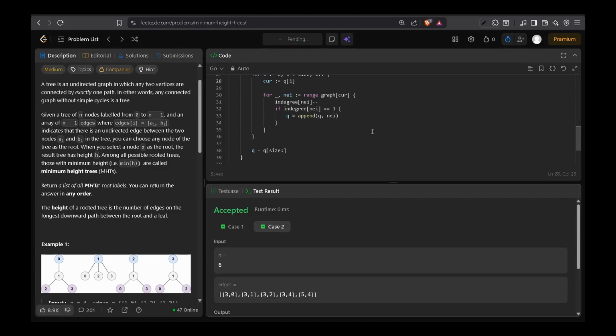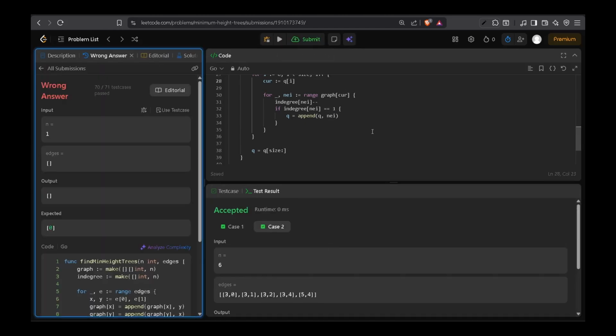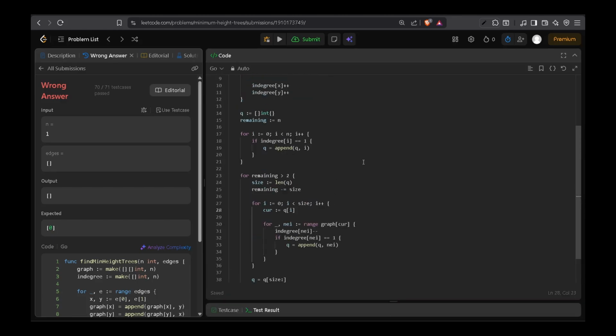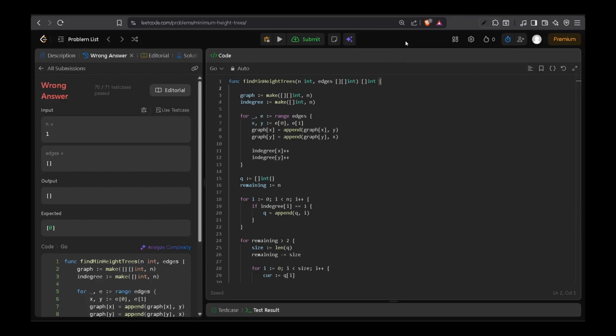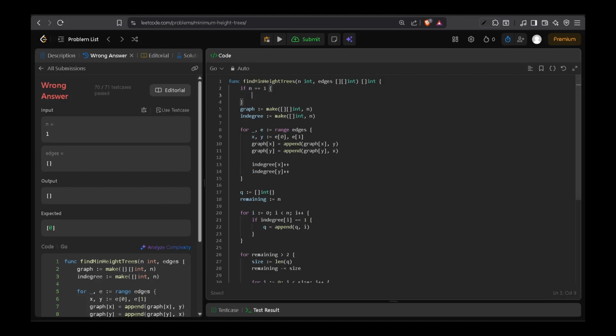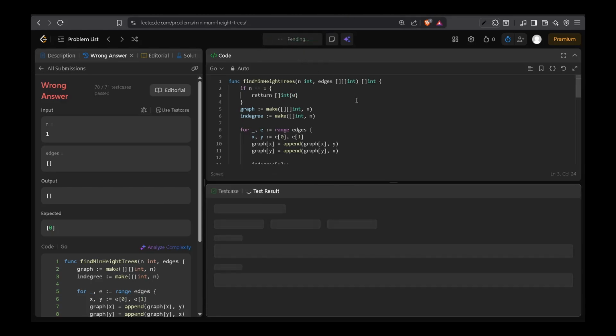Let's try submitting it. And we got a wrong answer. Very nice. This is an edge case which could be resolved by: if n equal to 1, return array of int with 0, because that is the only available node in the tree, right?